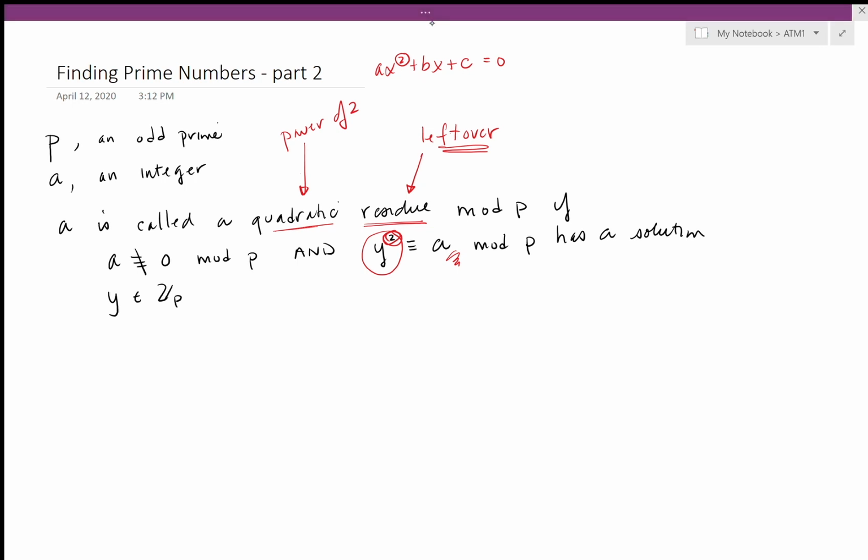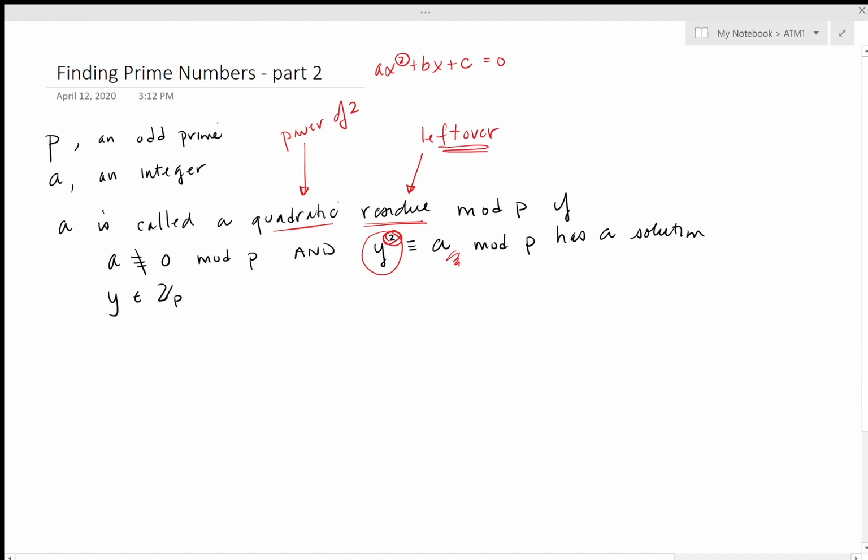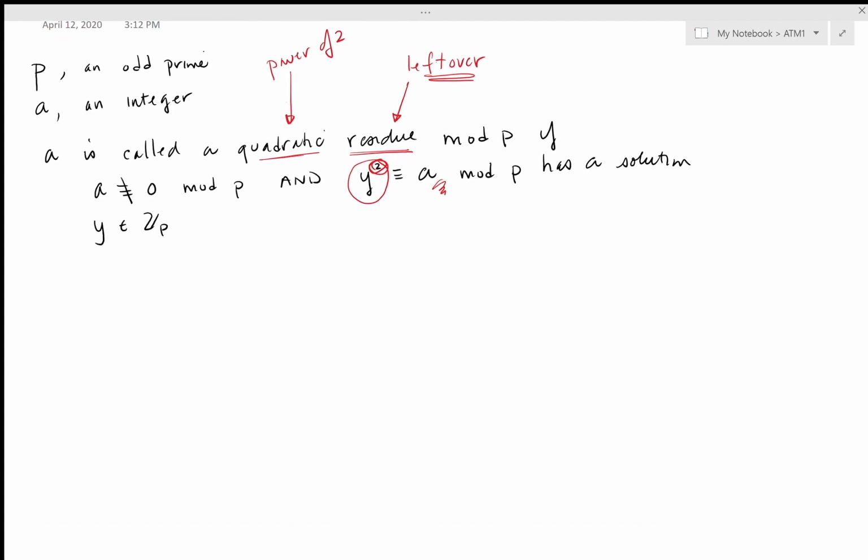Just before that, we'll state what a non-residue is, because now that we know what a residue is, we can say what a non-residue is.